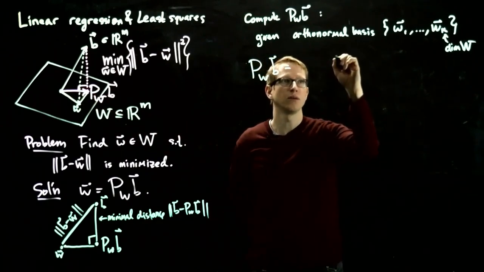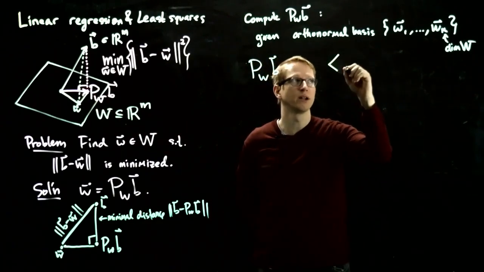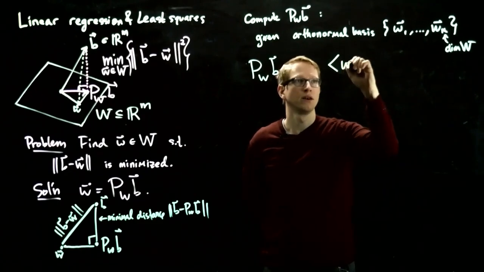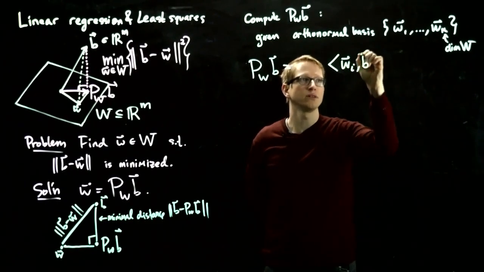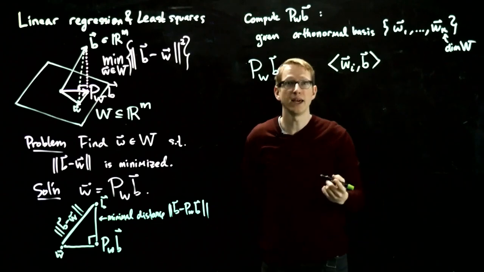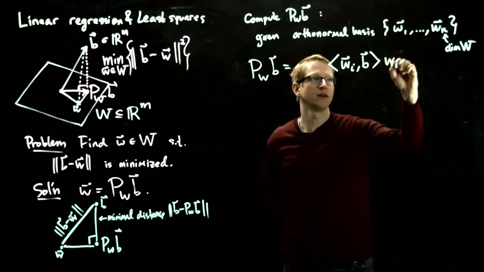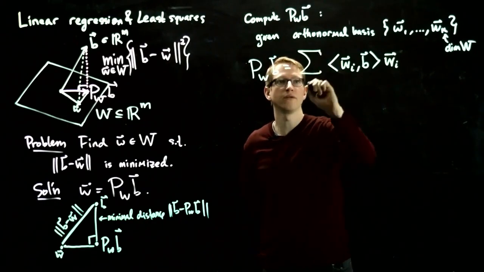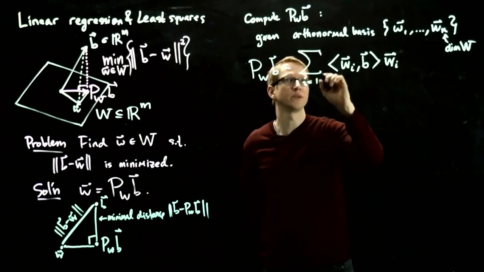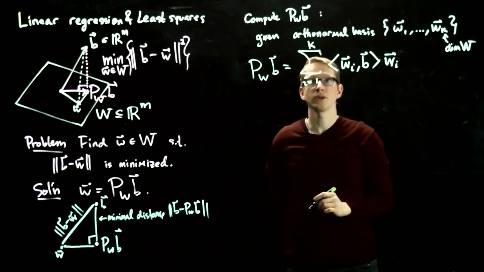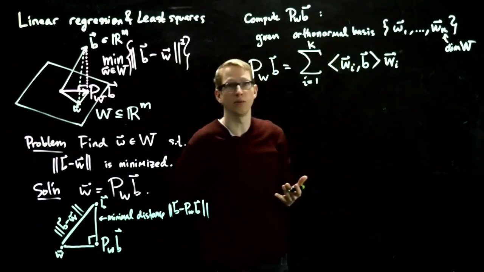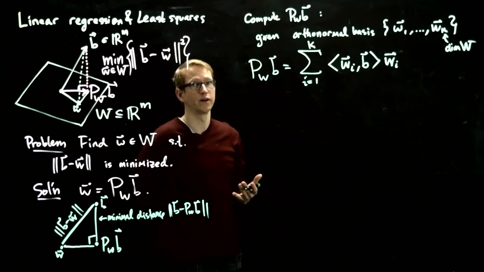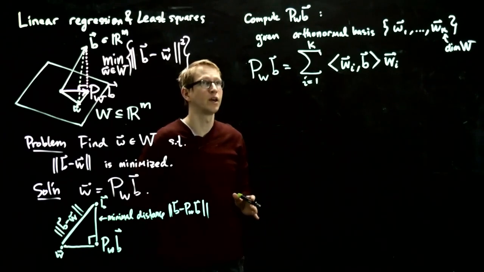So we take the dot product, or the inner product, I'll write the inner product with brackets, of B with each of these vectors. And then we'll multiply by that vector again so that we have a vector in the end, and then sum up all of these different contributions from these different shadows. So this is how you would compute the orthogonal projection of a vector onto a specific subspace.